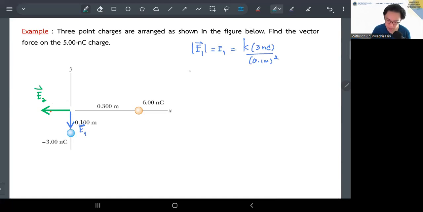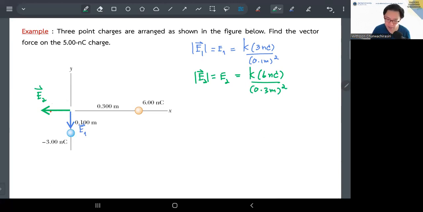And then you do the same thing with E2. It's k times the charge generating the field, 6 nanocoulomb, divided by the distance from the 6 nanocoulomb to the origin, which is 0.3 meters, and then you square it.